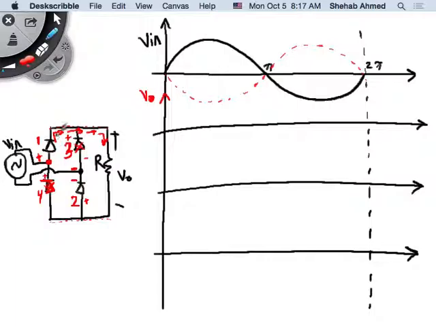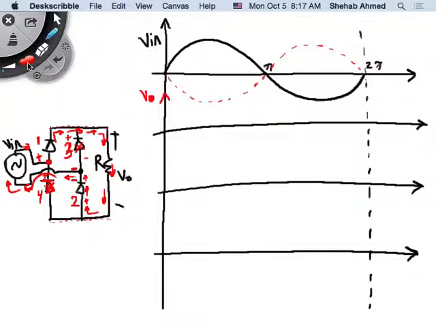So diode 1 would turn on, and diode 2 would turn on in this case, and the current would return back to my source, right? So current has to go back to the same source, right? So current found the path through diode 1 and diode 2 in the positive half cycle.